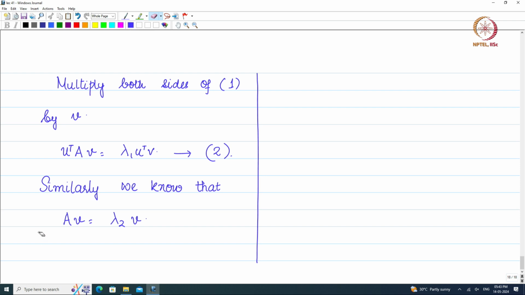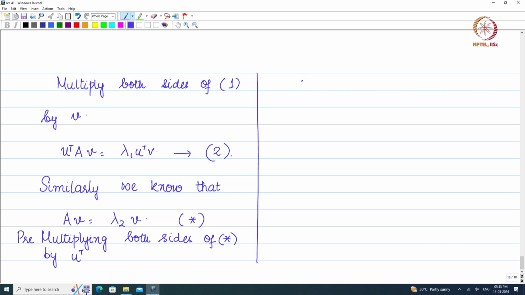Multiplying both sides of this, let us call this star, by u transpose, pre-multiplying. So, what do we have?